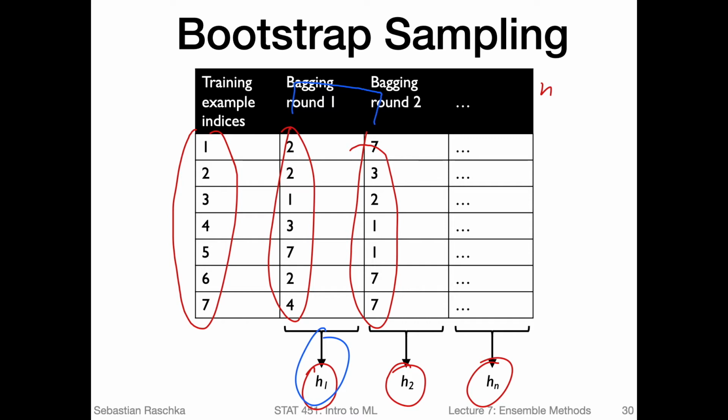So this is a great opportunity for model parallelism. You could do all the bootstrap samplings in parallel, so you can have this one happening on the first CPU, let's say CPU 1, this one on CPU 2, and so forth. This is a great case of multiprocessing where you can do all of these in parallel.